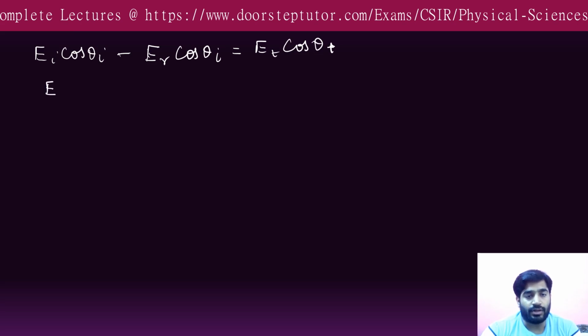Also EI minus ER is going to be cos theta T over cos theta I times ET.